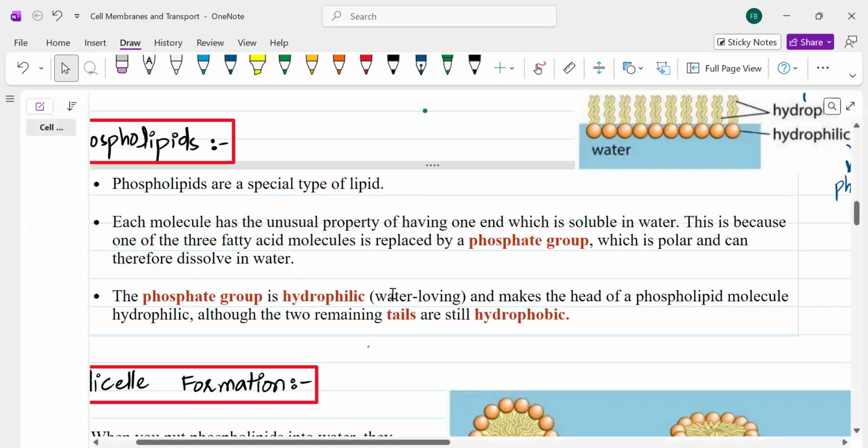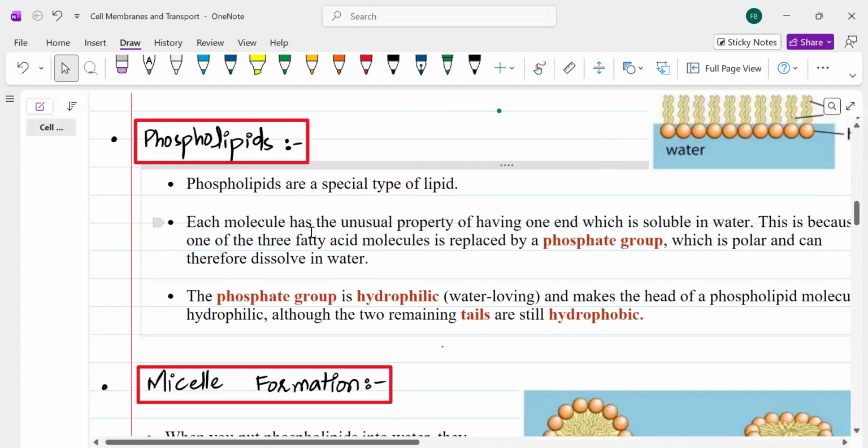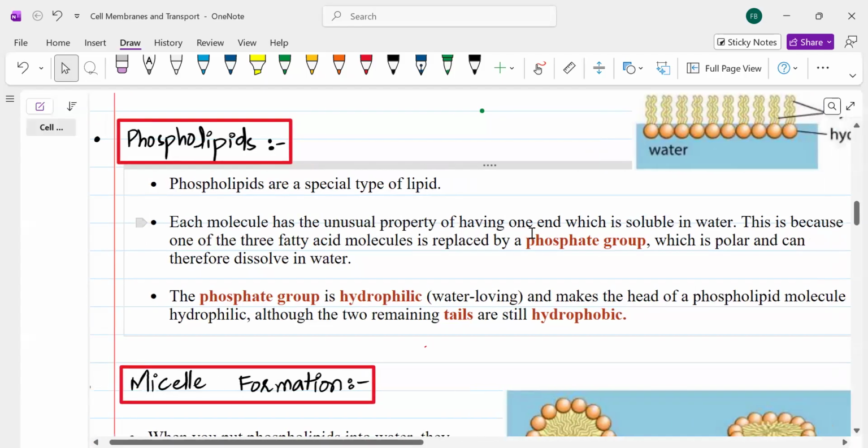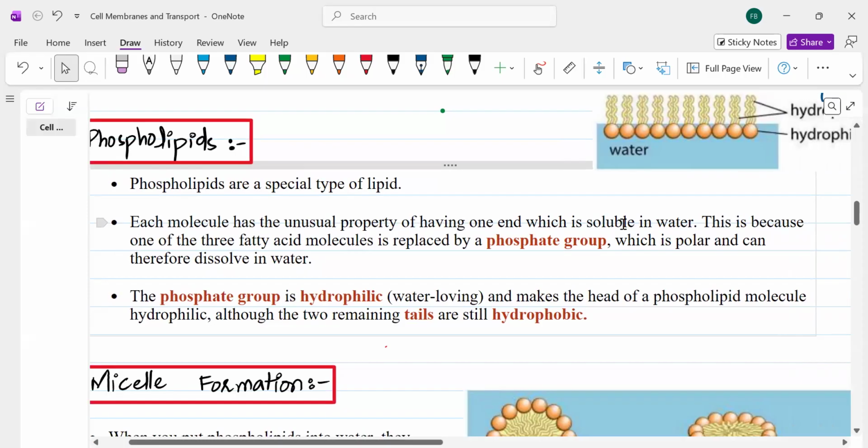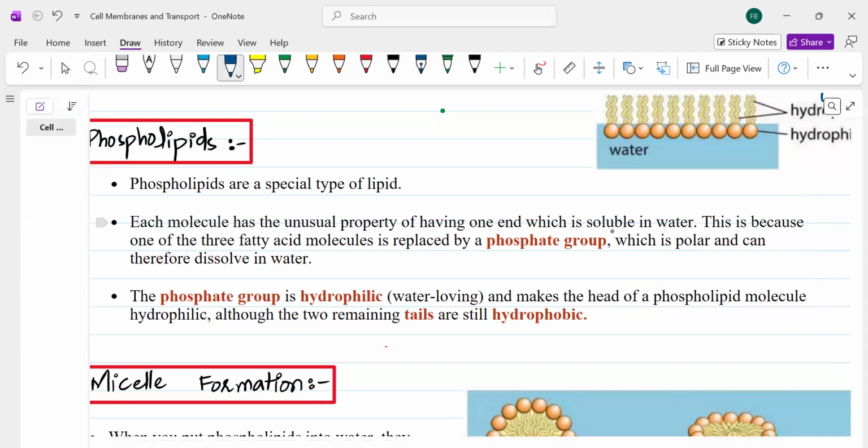So this was about the lipid, and then you see each molecule has the unusual property of having one end which is soluble in water, and this end is known as the hydrophilic end. The end which can be solubilized in water is known as hydrophilic, water loving, right? And that is the phosphate group part.